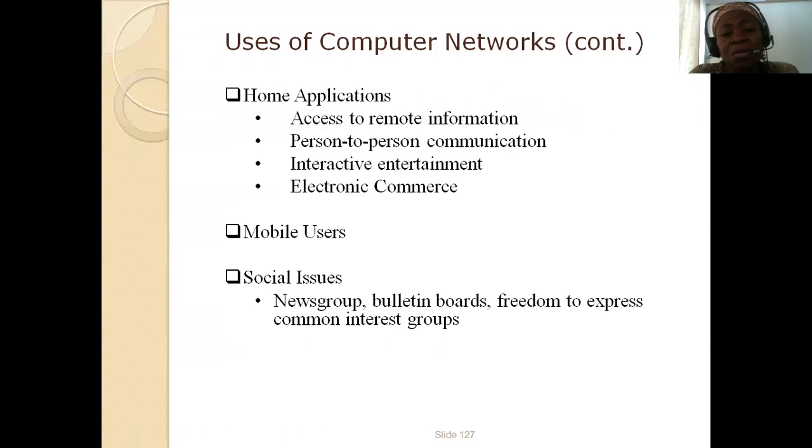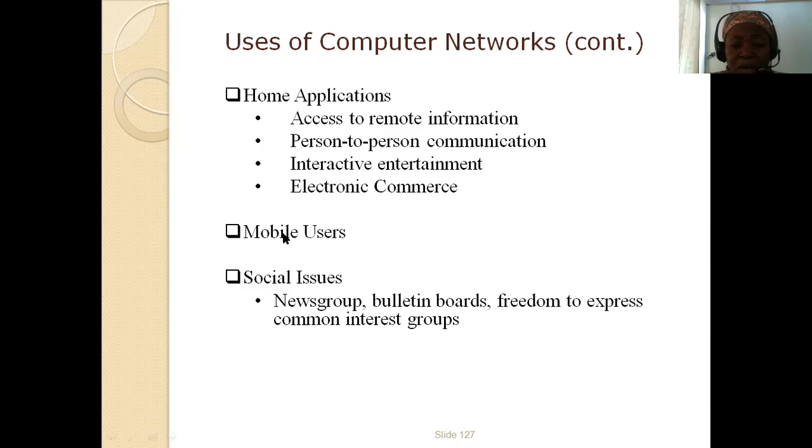Computer networks are also used in home applications. You can stay at home and access remote information, do person-to-person communication like chatting, interactive entertainment and electronic commerce. Some people stay at home and work, making money. So that's e-commerce. Mobile users also use computer networks.